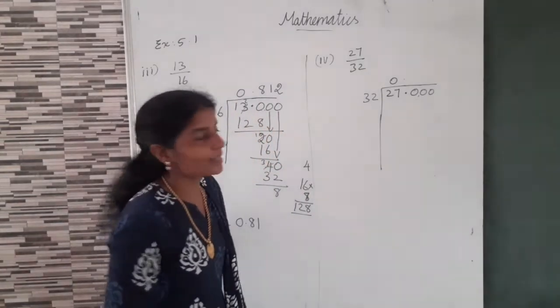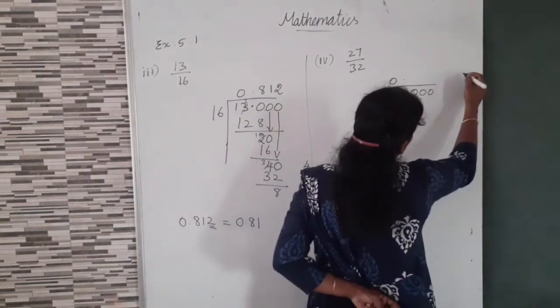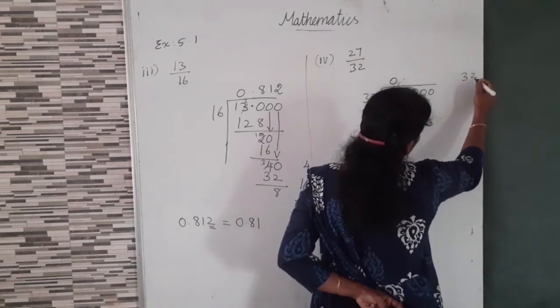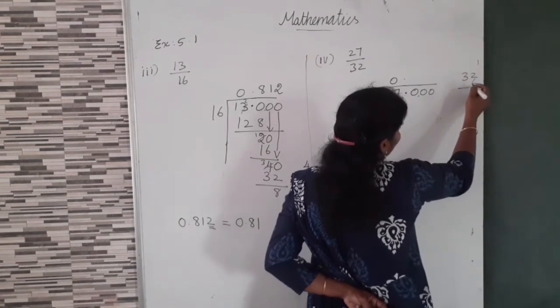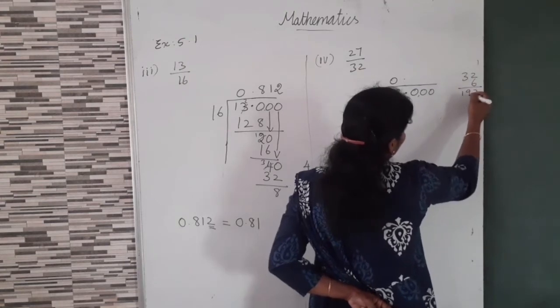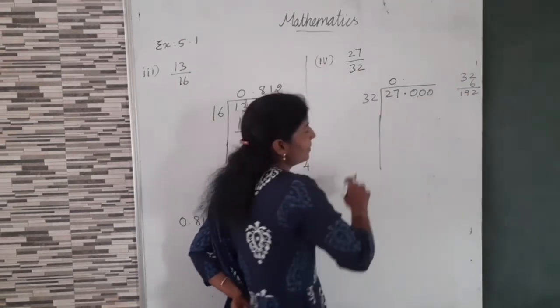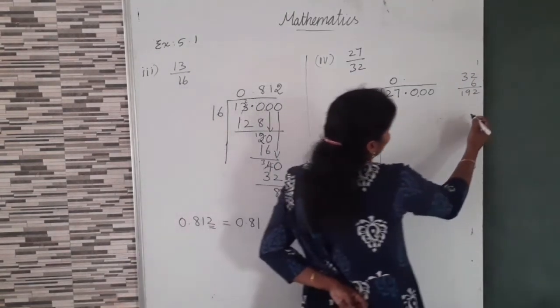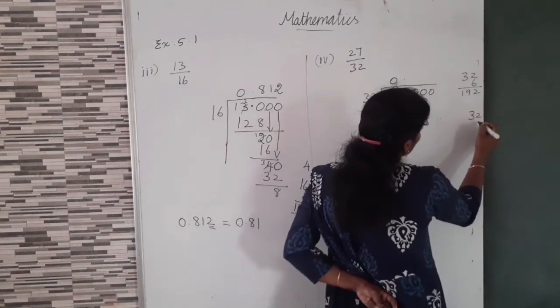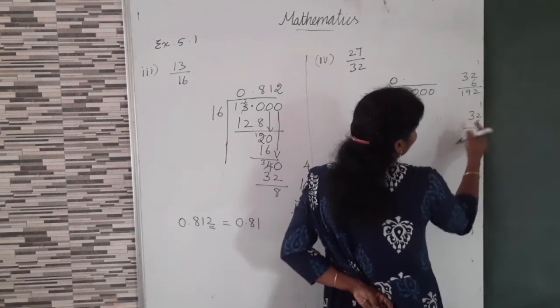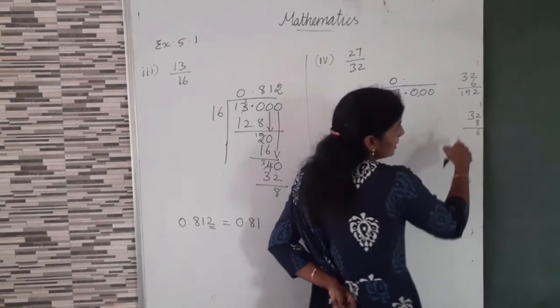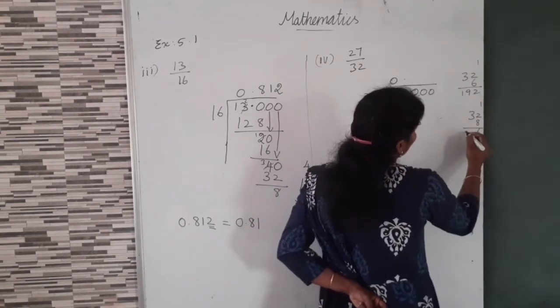Here 270. 32 times 6 means 6 2s are 12, 1 balance, 6 3s are 18 plus 1 is 19, 192, but here 270. So we can take 32 into 8, means 8 2s are 16, 1 balance, 8 3s are 24 plus 1 is 25.